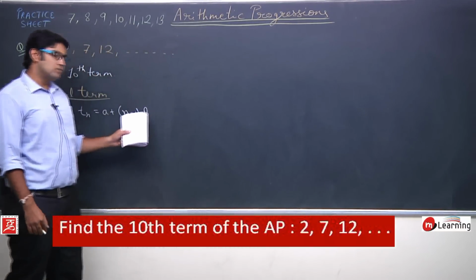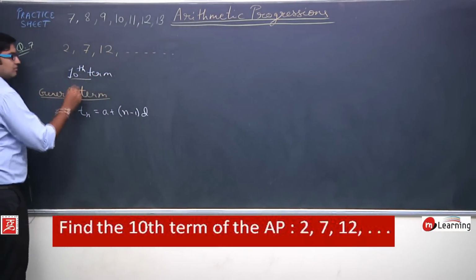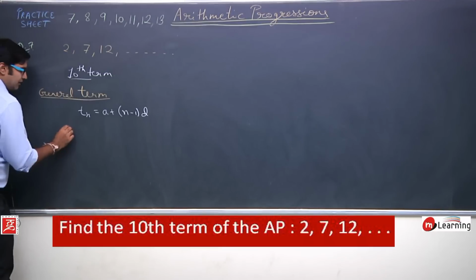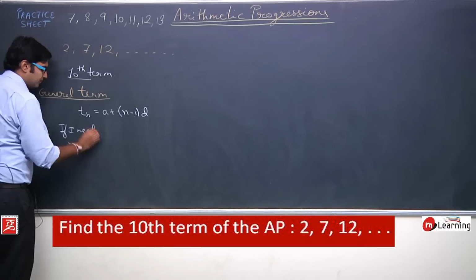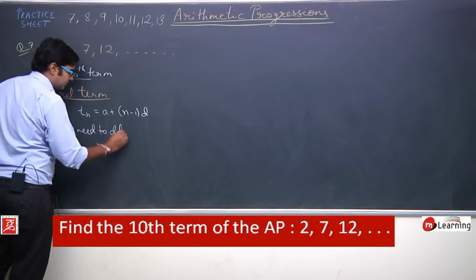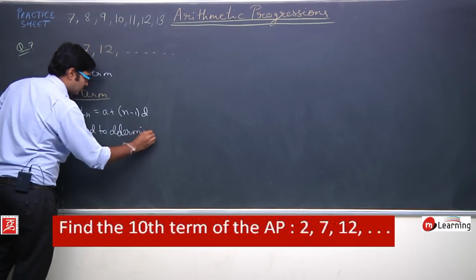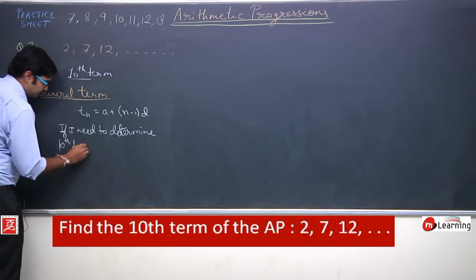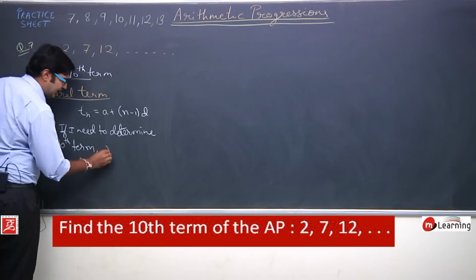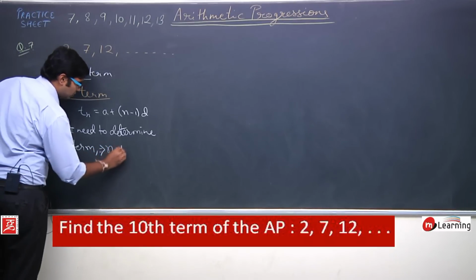OK, so I want to determine the 10th term. So what I will do is, if I need to determine 10th term, I will write n is equal to 10.